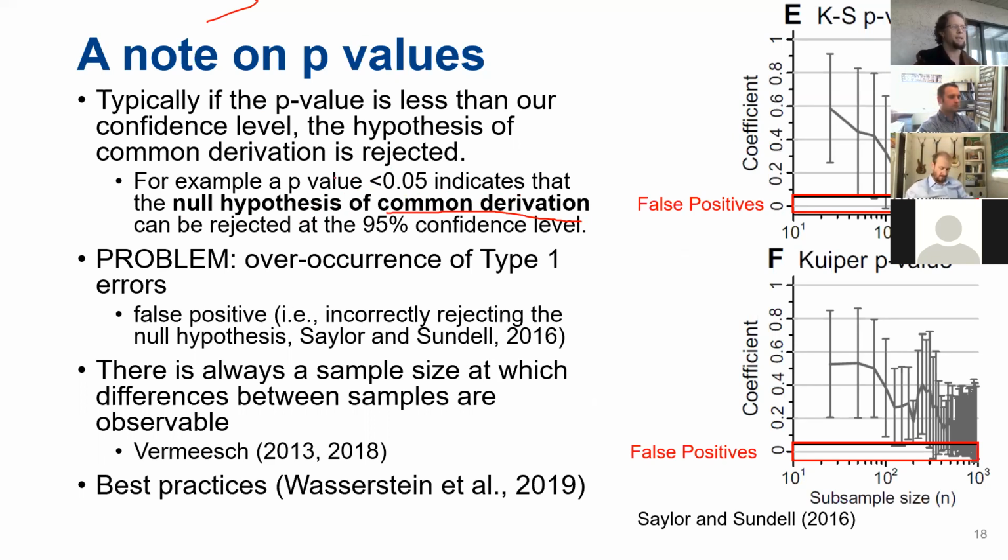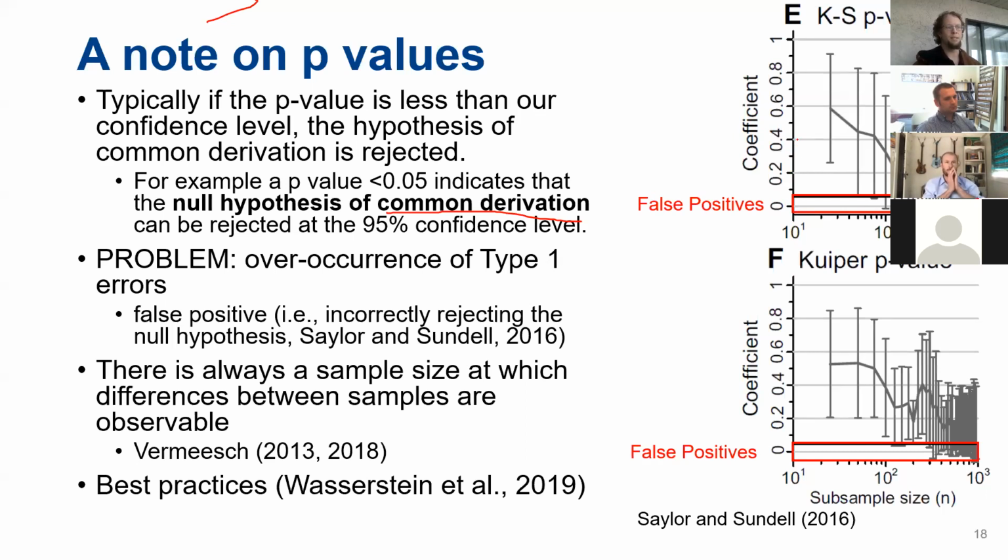And the problem is that you get a lot of false positives. So for example, a p-value of less than 0.05 is commonly interpreted as indicating that we can reject the null hypothesis of common derivation at the 95% confidence level. The problem with that is that if you look over here, we've got a couple of examples where all of these samples are taken from the same population.